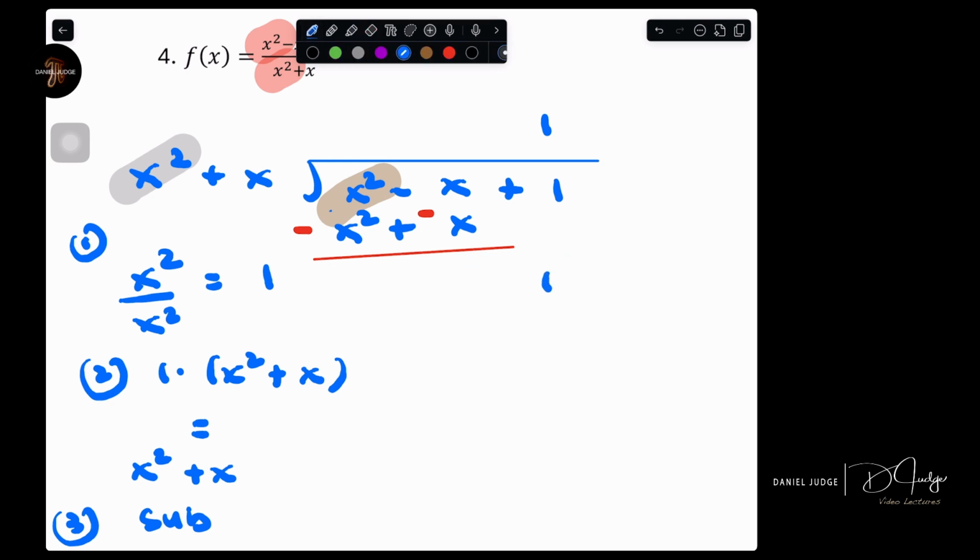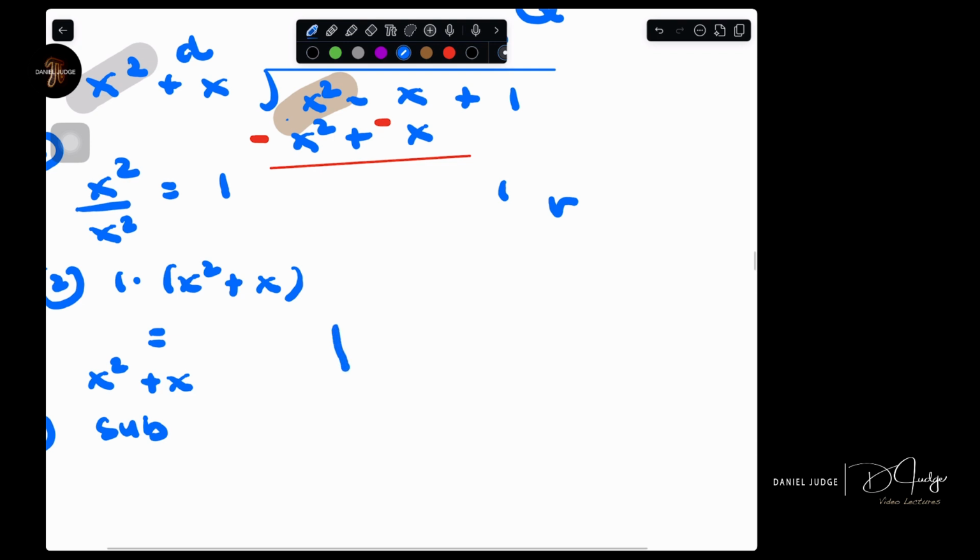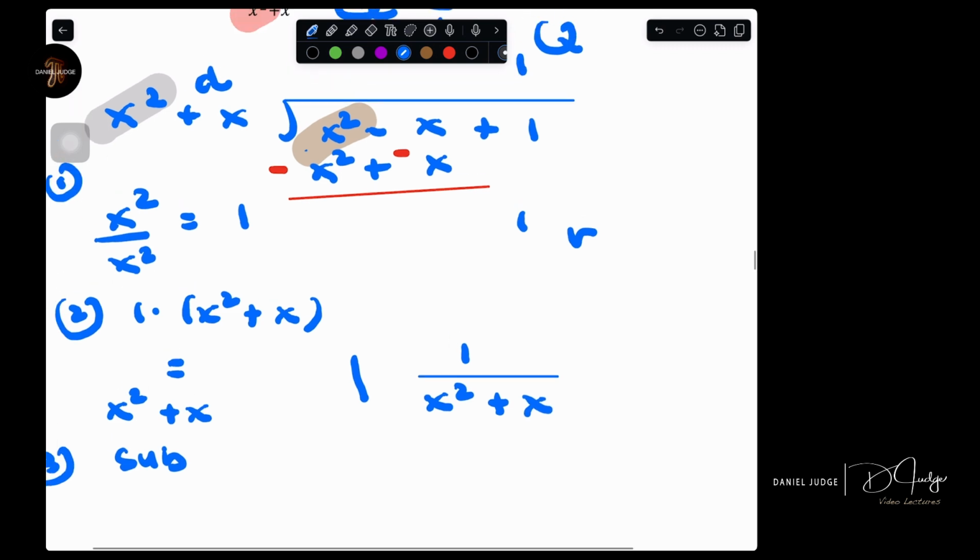So what does this mean here? We're writing this as a mixed number. You've got a quotient, remainder, divisor. Your quotient is the 1, the remainder is 1, and you're dividing by that x squared plus x. So this becomes 1 over x squared plus x.